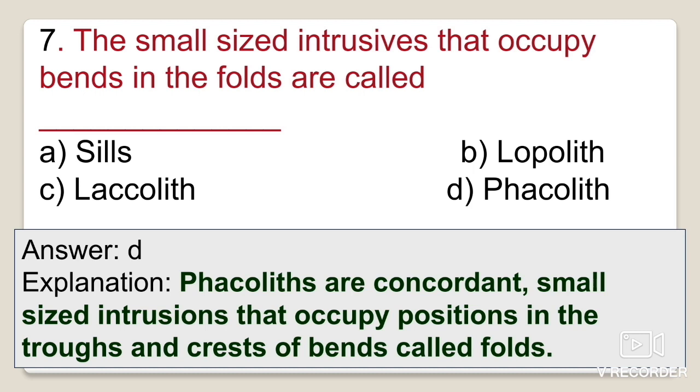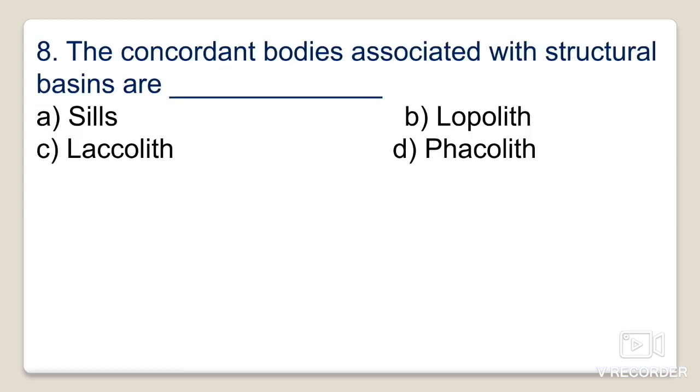Now you can easily answer this question. As you can see in the description box, phacoliths are concordant small sized intrusions that occupy positions in the trough as well as the crest of bends called folds. So the correct option here is option D, that is phacolith.